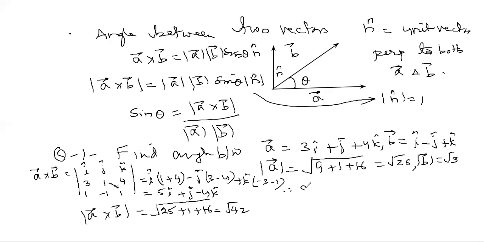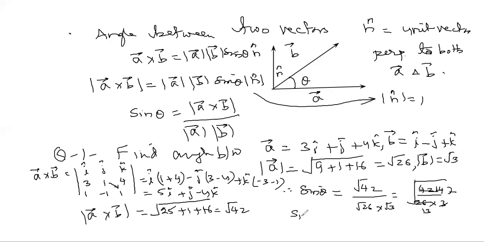So therefore we can now find the angle between the vectors. Sine theta will be equal to the magnitude of A cross B, that is under root 42, divided by magnitude of A, under root 26, into magnitude of B, under root 3. So the roots we can cancel: 26 into 3, 3 ones are 3, 3 twos are 6, so 2 7s are 14, 2 13s are 26, 2 3s are 6.